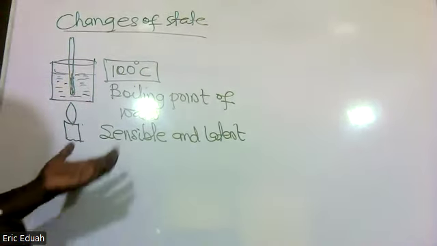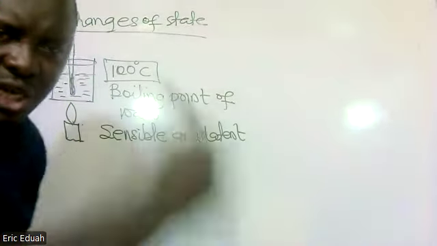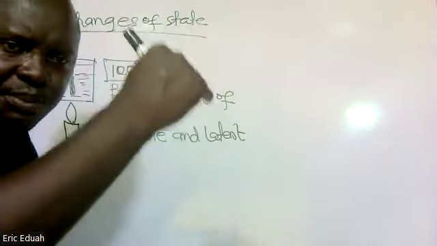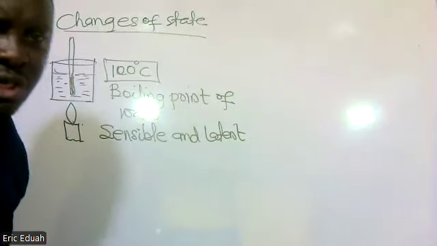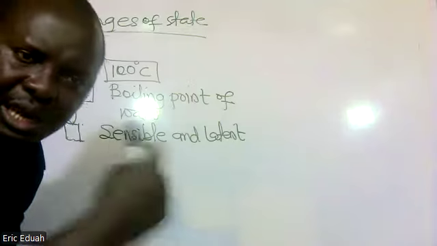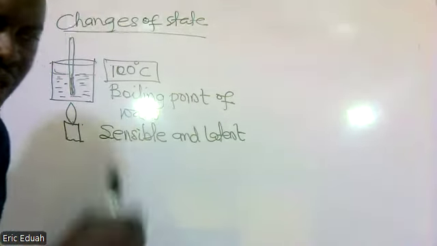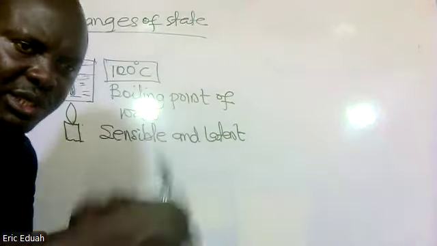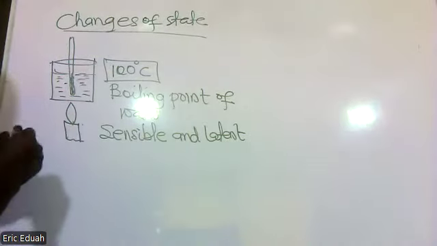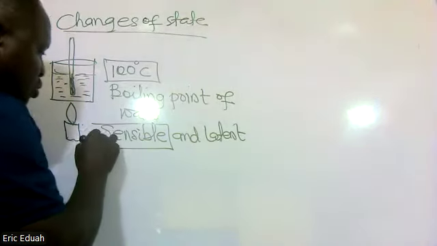Here the change can be an increase in temperature or a drop in temperature. So long as the temperature changes, the source of heat energy causing the change is described to be sensible heat.